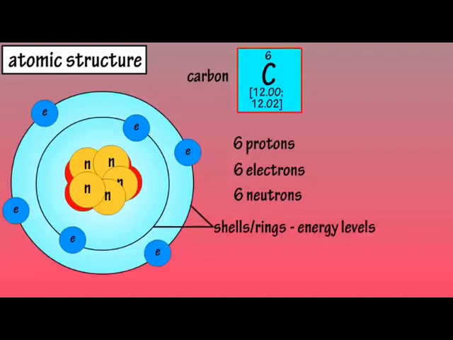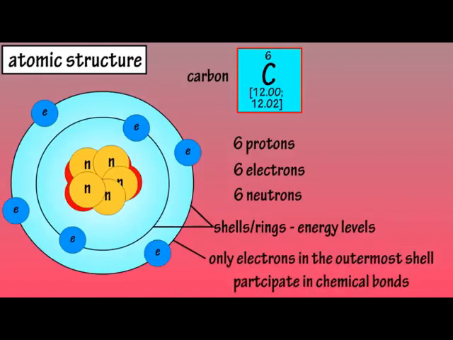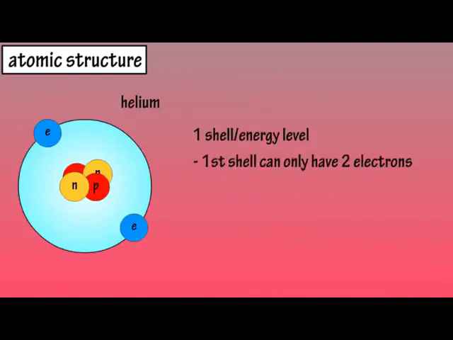The number of protons determines the atomic number and the element of the atom, and this arrangement is referred to as atomic structure. Atoms become ions when they gain or lose electrons.